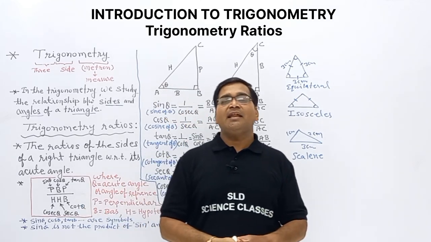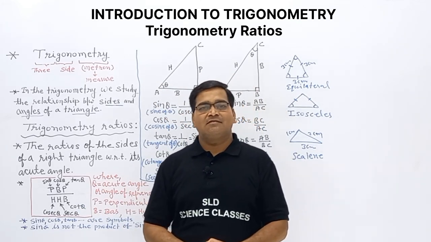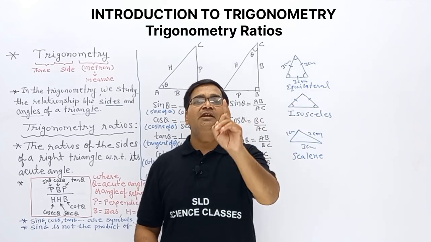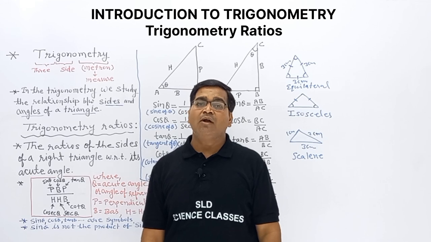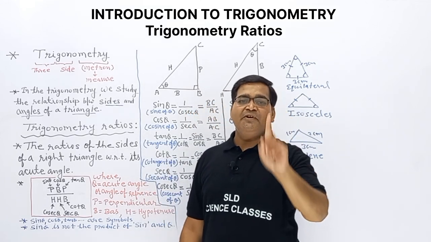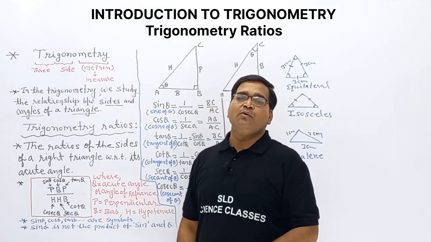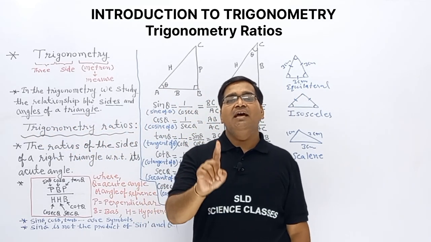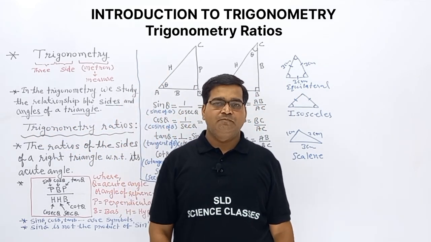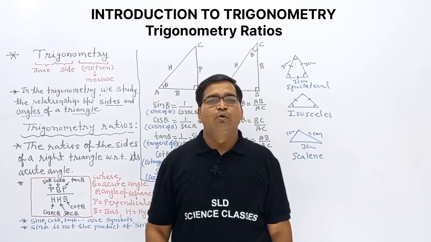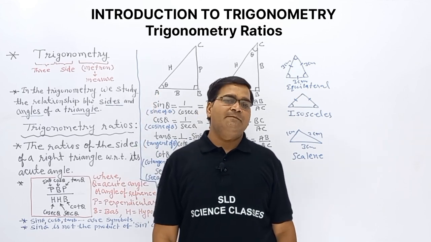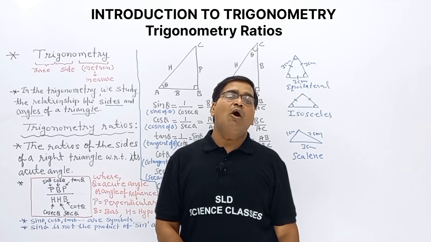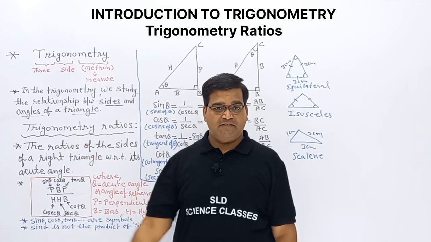In this chapter we have three exercises. Exercise 8.1 is based on trigonometry ratios. In 8.2 we will discuss values of some angles of trigonometry functions.